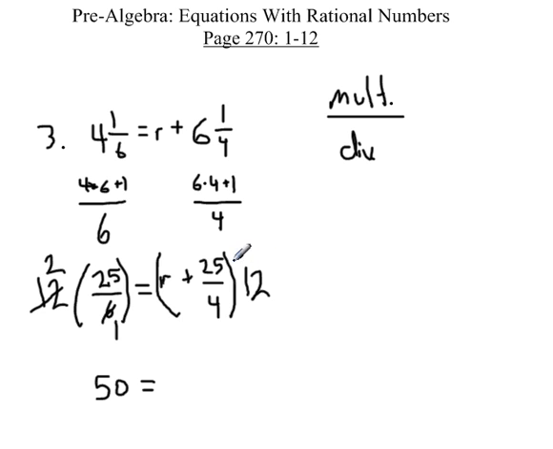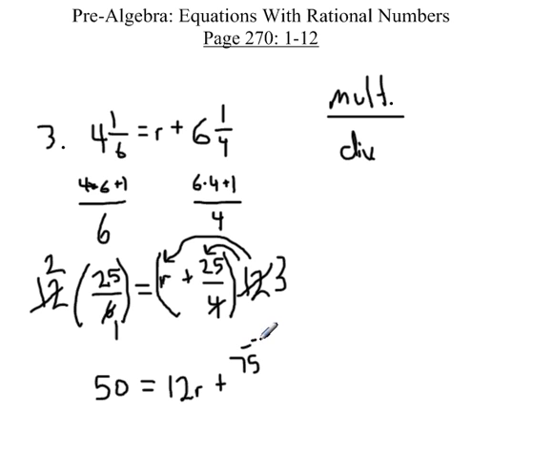Over here I've got 12 times the sum of r plus 25 fourths. I can distribute this 12 to both of these terms. So 12 times r is 12r. Now 12 divided by 4 gives me 3. And 3 times 25 will give me 75. And that is no longer over 4, because that cancels.